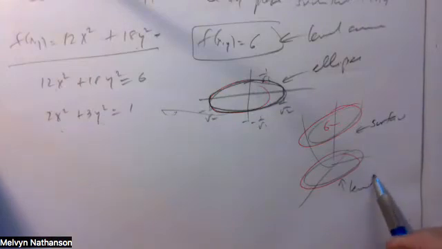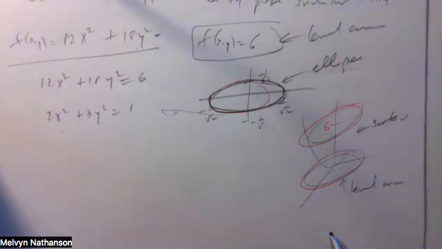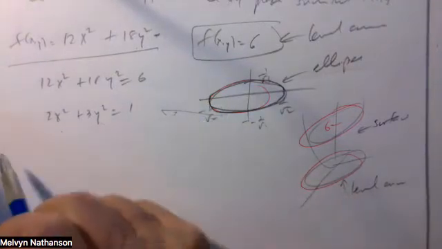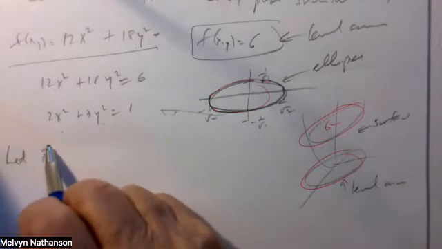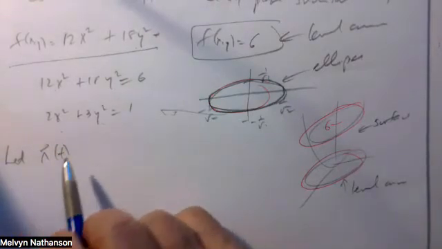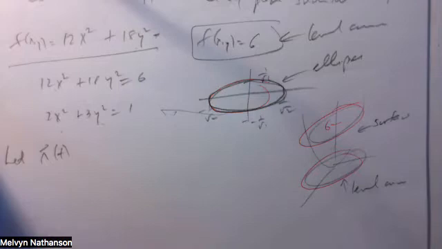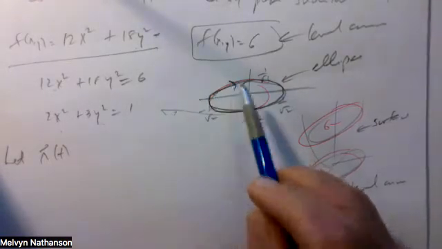Here we have a level curve. Now, suppose we have some function r of t moving in this level curve.